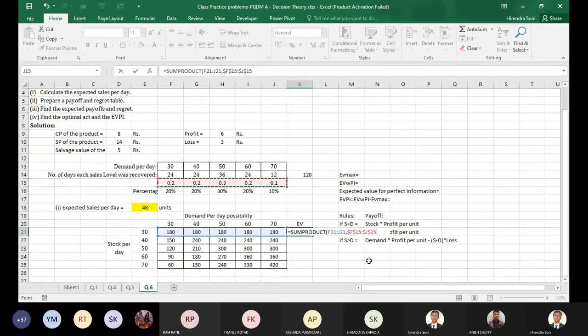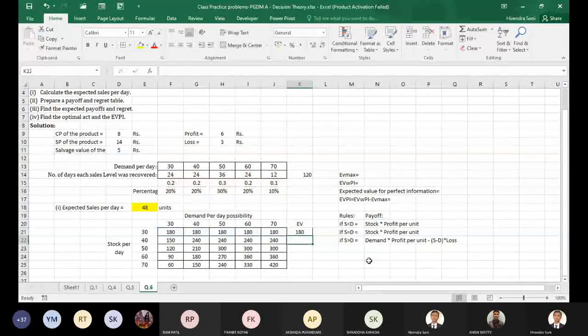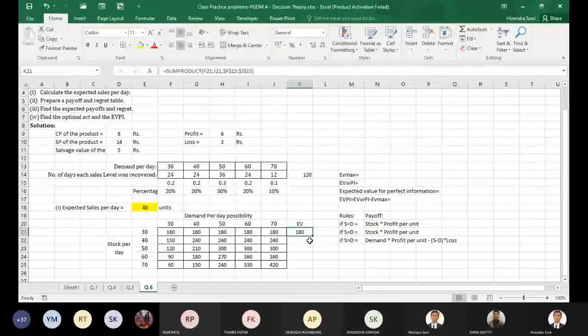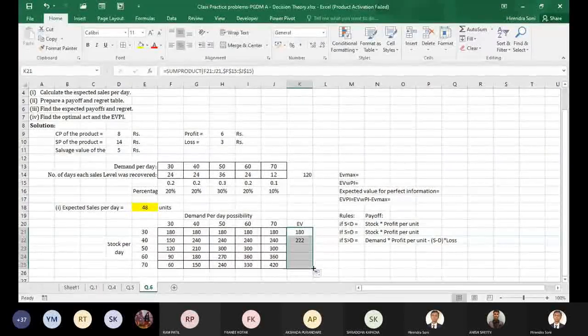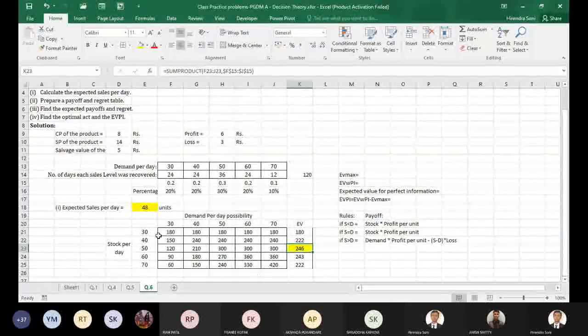So it would be 180. We will do it for all. Maximum value is 246. So that means according to this, you should be stocking 50 units per day. Correct?